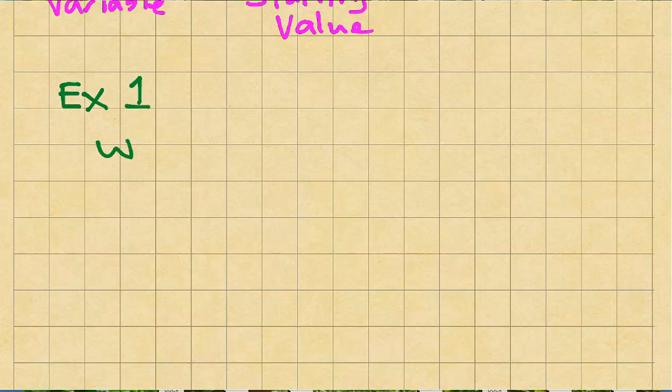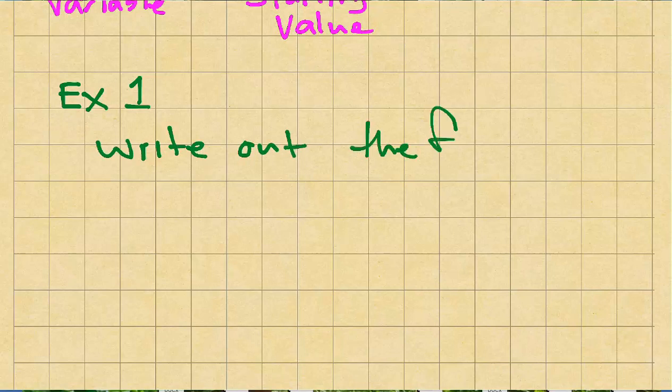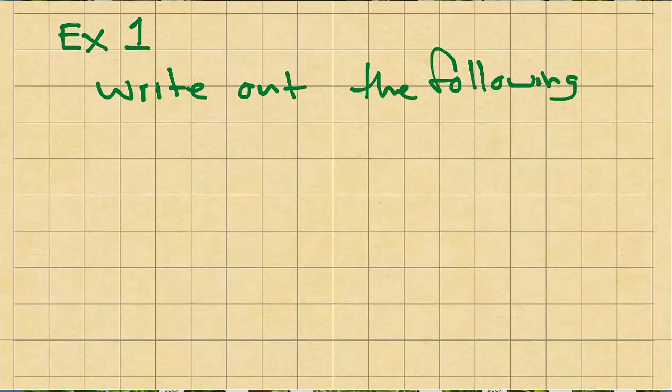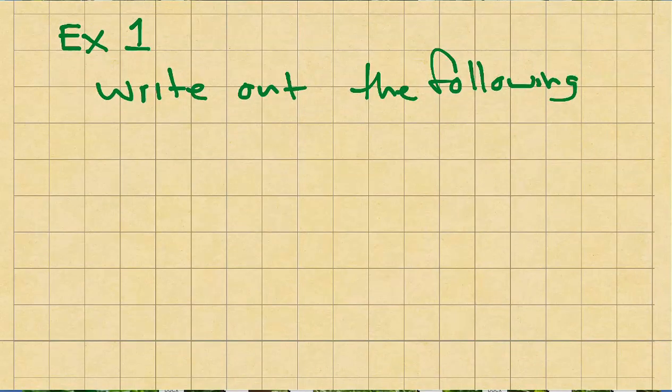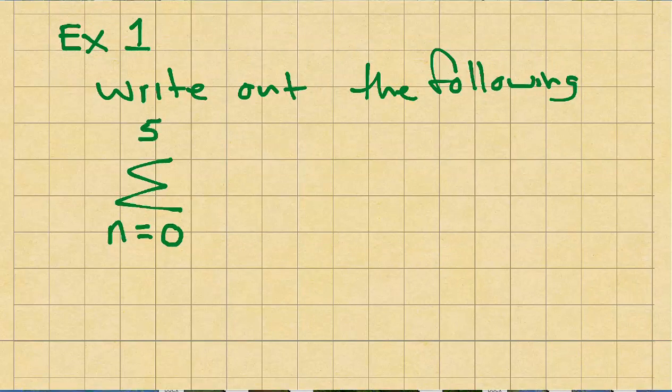If I said write out the following, and what I gave you is summation, that's what sigma is, from n equals 0, so that's where we're going to start n, to n equals 5, and the rule we have is just 3 times n.